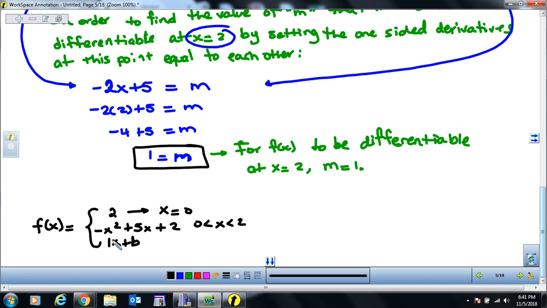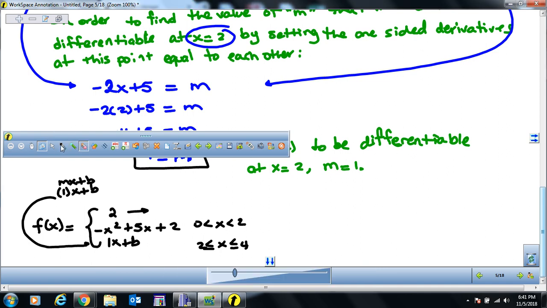You don't have to use the 1, right? But what I'm doing is instead of mx plus b, I'm simply substituting here 1x plus b, right? That's what this part would be.